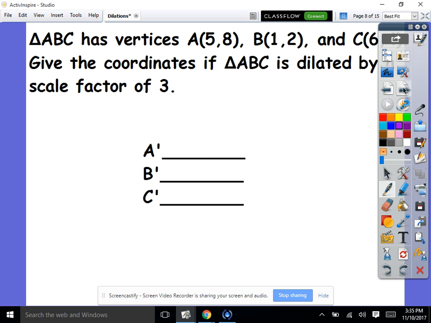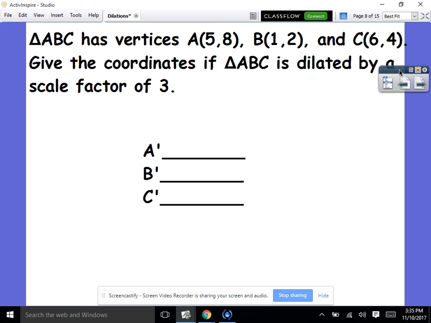Triangle ABC has vertices A, 5, 8, B, 1, 2, and C, 6, 4. Give the coordinates if triangle ABC is dilated by a scale factor of 3. So the rule is we multiply by the scale factor.